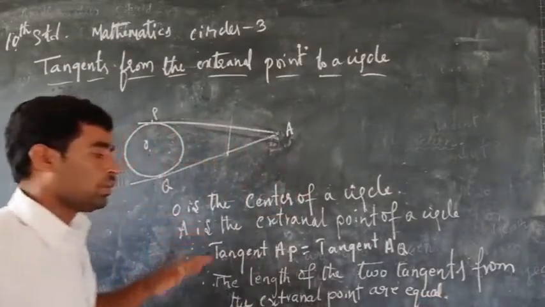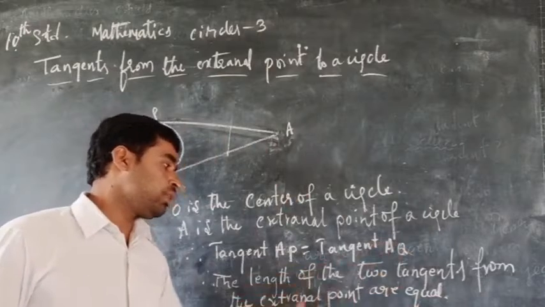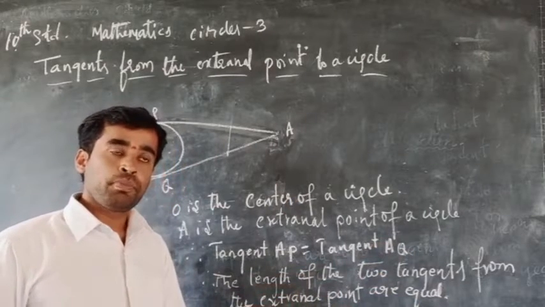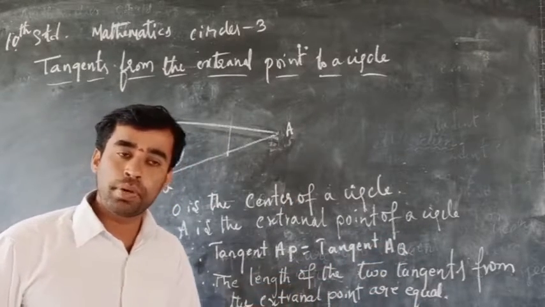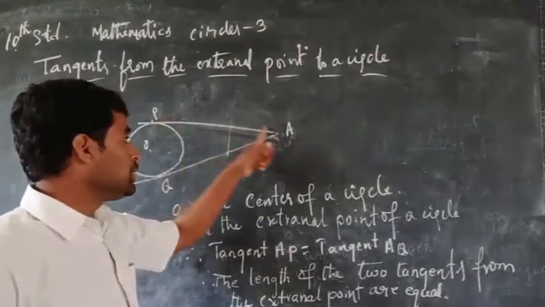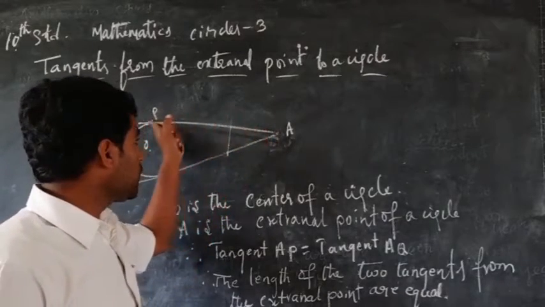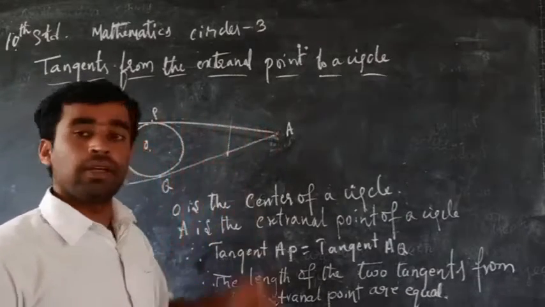So we can easily conclude that the lengths of the two tangents from the external point to a circle are equal. Here we have discussed two important points. One is that we can draw two tangents from the external point to a circle, and the second is that the lengths of the two tangents from the external point are equal.